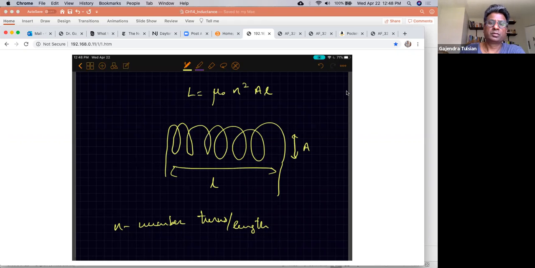Okay. So that's the self-inductance. And again, if you take this wire and make it into a straight wire, now its self-inductance is 0.